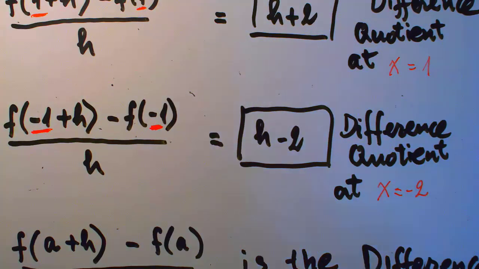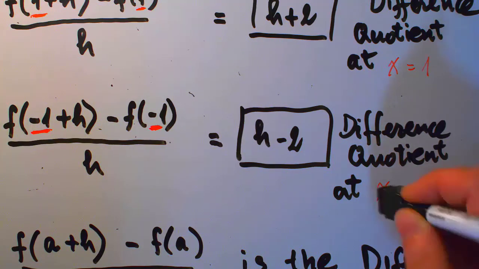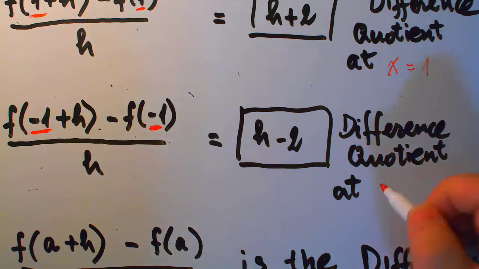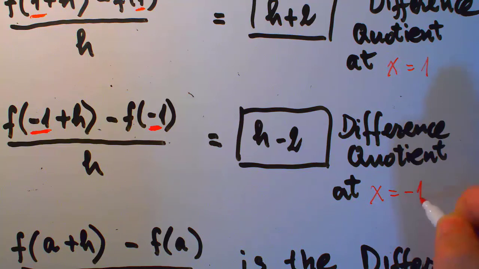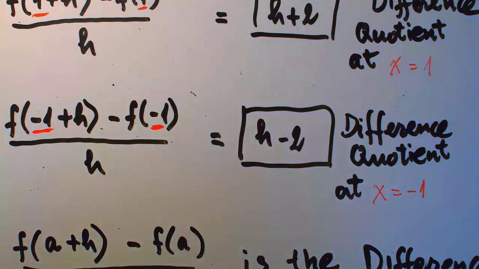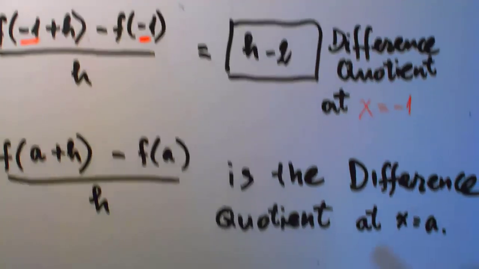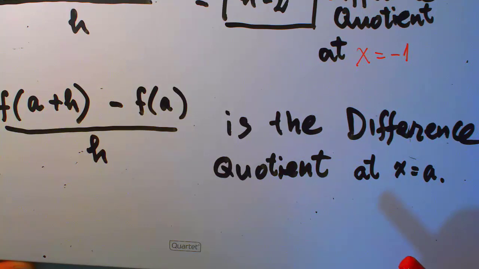I apologize, at x equals -1. And so generally speaking, that setup, f of a plus h minus f of a over h, is called the difference quotient at x equals a.